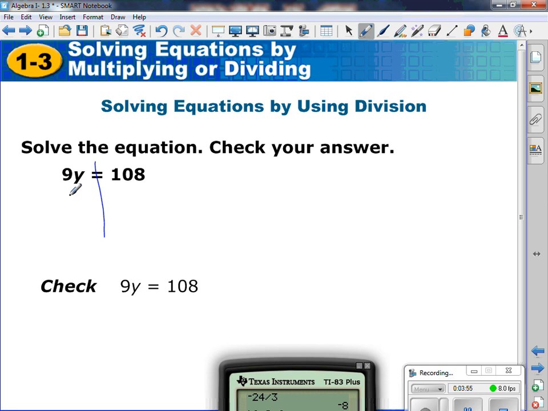When the number and the variable are connected, that means multiplication. What's the opposite of multiplication? Divide by 9, divide by 9. What's 9 divided by 9? Just y. I know I can grab the calculator. This is how I do math.